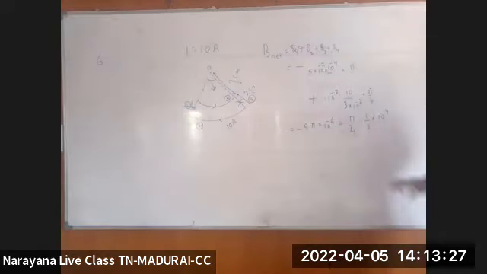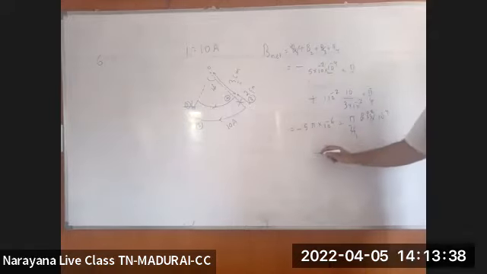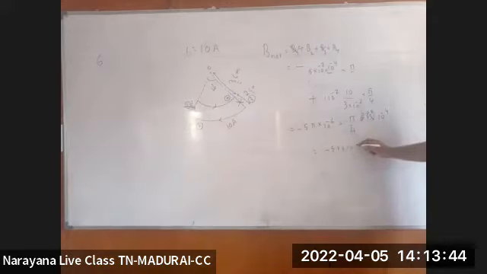Yeah, 1 by 3 is 0.33. So here what will happen? 5 into 5 value how much here? 3.14 into 10 power minus 6 plus 8 by 100 and into how much? 3 into 10 power minus 4.